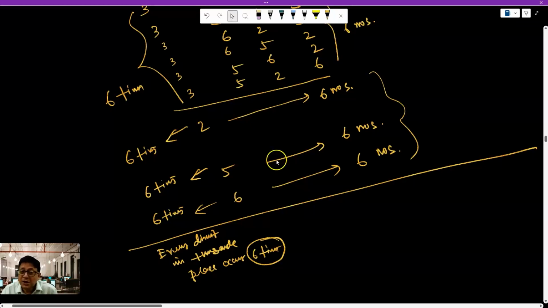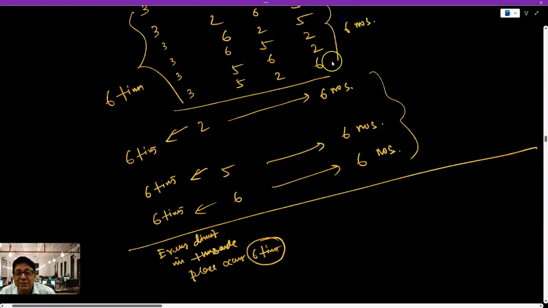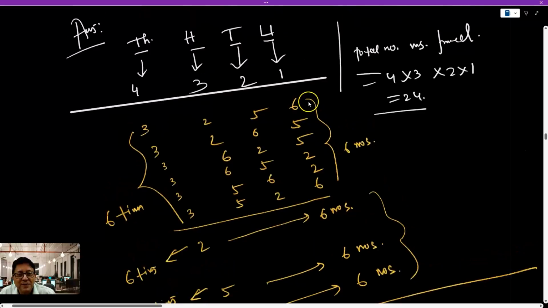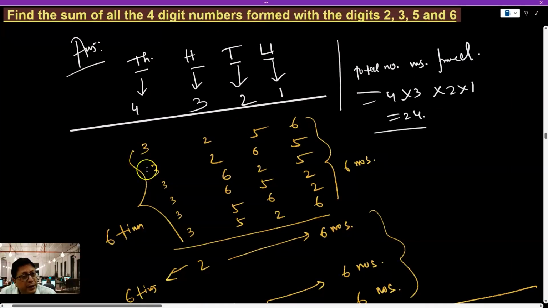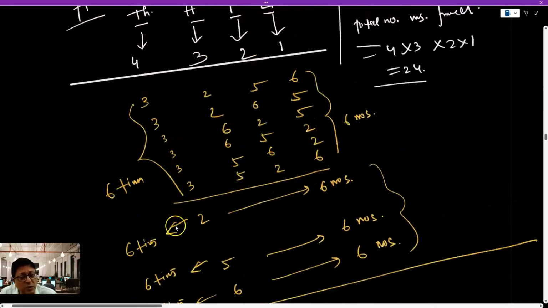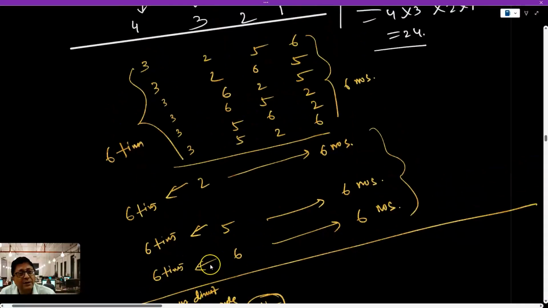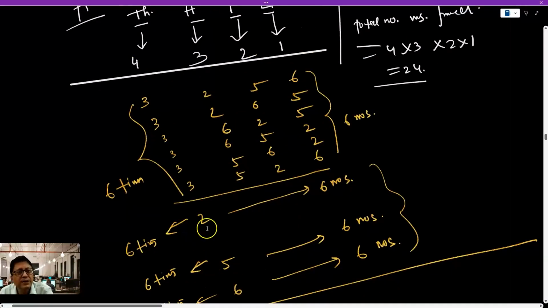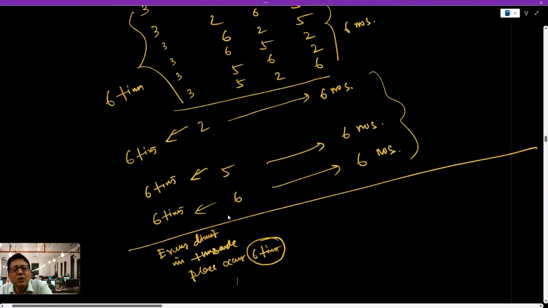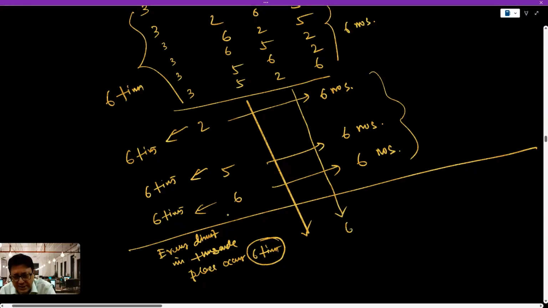But just a little bit of sense is required from your side: if 3 occurs 6 times, 2 occurs 6 times, 5 and 6 also 6 times at the 1000 place, what happened at the 100 place? Each digit also occurs 6 times. What about tens place? Each digit occurs 6 times.